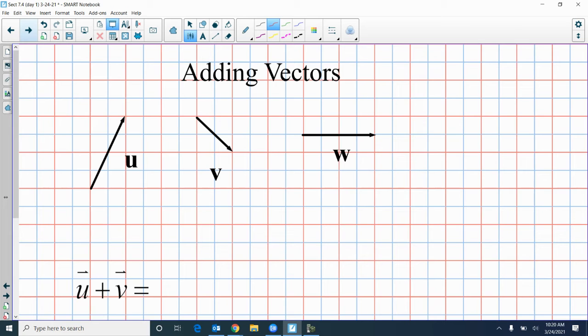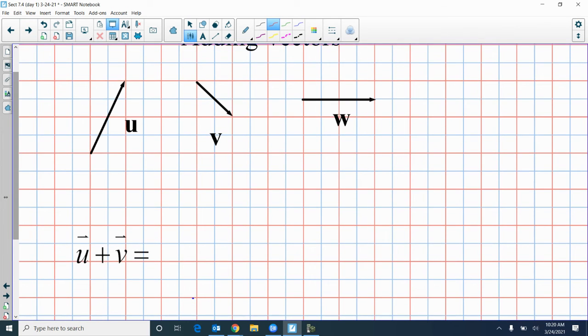The length: U goes 4 boxes up, 2 over, V is 2 boxes down, 2 over, and W is just 4 to the right. So those will all be the same. Now here's how you add vectors. You draw the first one, the U, and I'm going to cheat a little bit here.